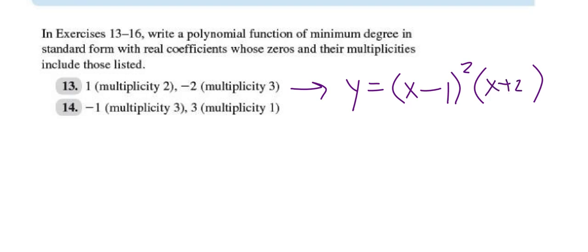X plus 2, quantity cubed. Don't say x plus 2 cubed, because somebody might think you meant something else. You wanted quantity cubed. Right. Okay, now, if it had to be in standard form, yes, we would need to go further, and we would need to start multiplying all that stuff out.